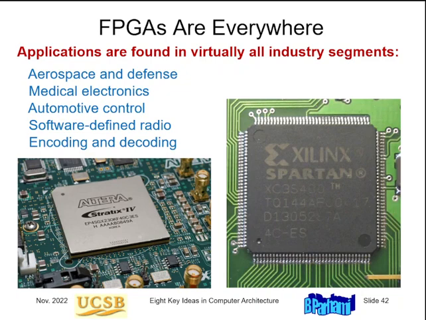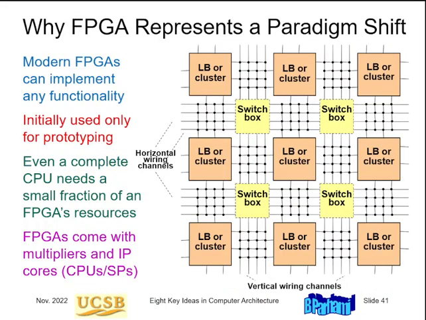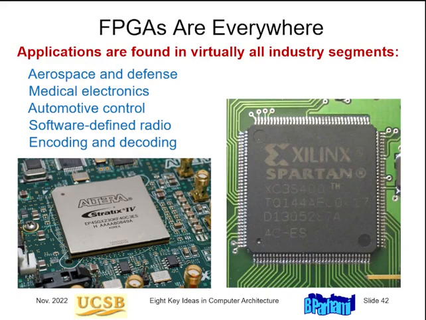FPGAs are everywhere. Our typical cell phones contain an FPGA. The nice thing about FPGA is that because it's programmable, if you want to update your hardware, you just simply upload a different program into your FPGA, and that modified hardware or updated hardware will be implemented.